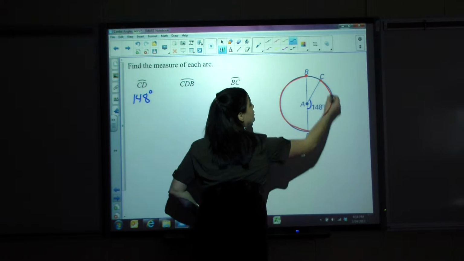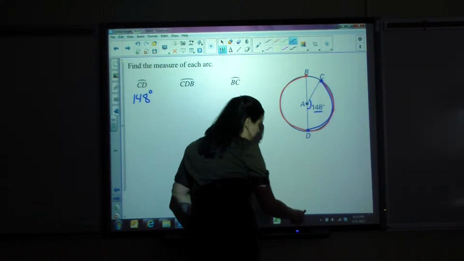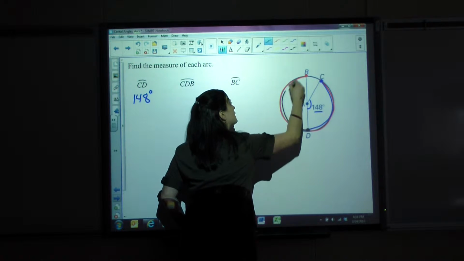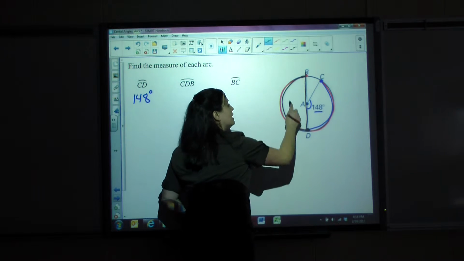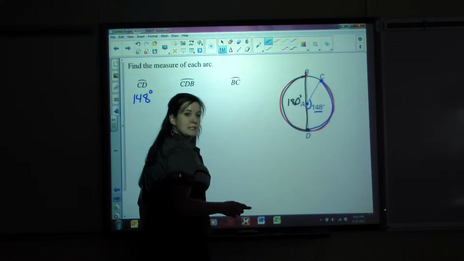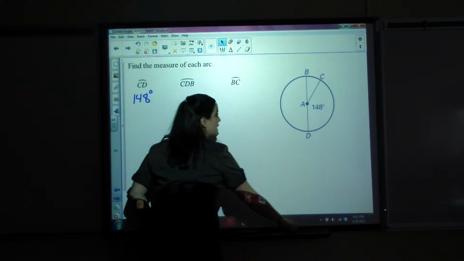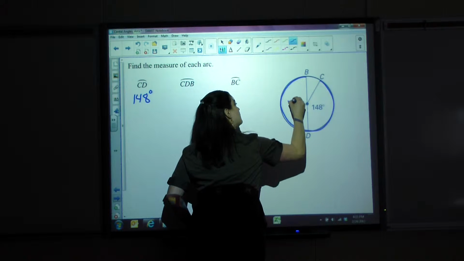So what we can do is remember that CD was 148, and if you notice on the other side, D to B is actually a semicircle. It's half of a circle. So this is 180 degrees. So again, what we know is that this much is 148 and this much is 180.